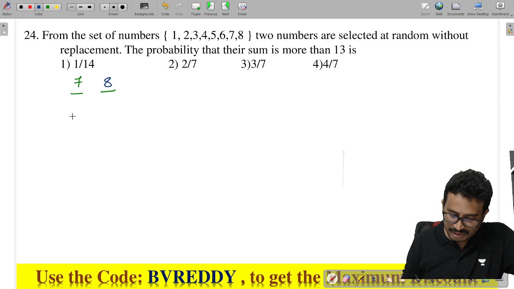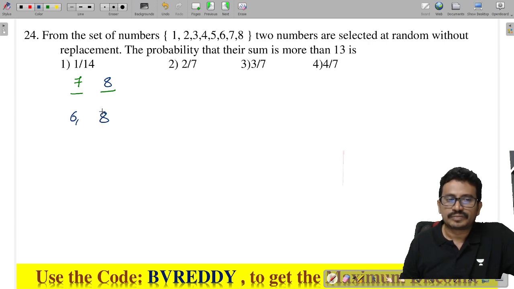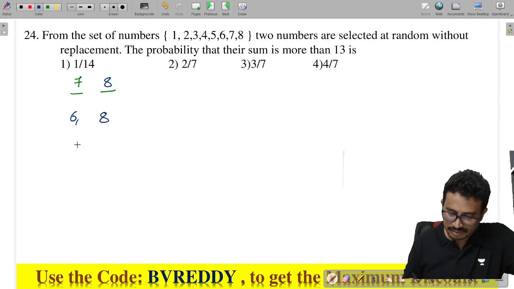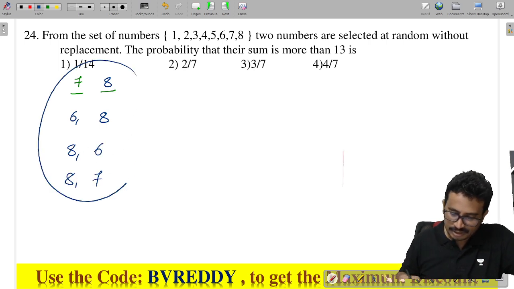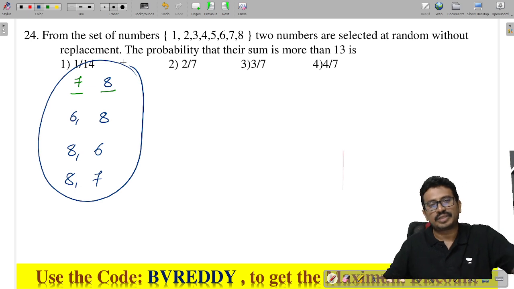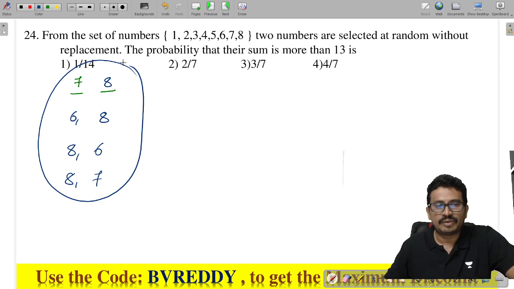Next, if we have taken 6, it has to take 8. Okay, 7 won't work. Next, 8, 6, 8, 7. Check this now. In all the cases, the sum is more than 13. 14, 15, right?